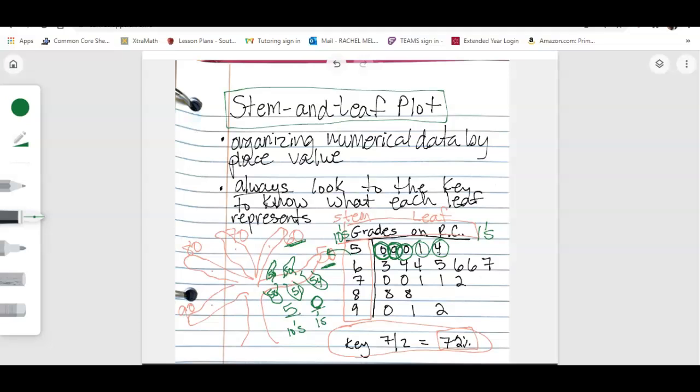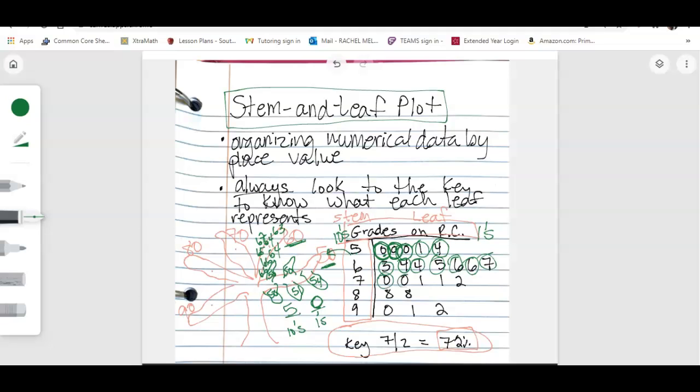Remember, the 6 is in the tens place, and these numbers are in the ones place. So that means I have a 63, two 64s, a 65, a 66, well, two 66s, and a 67. Then I can continue on. The next one is the 70s.